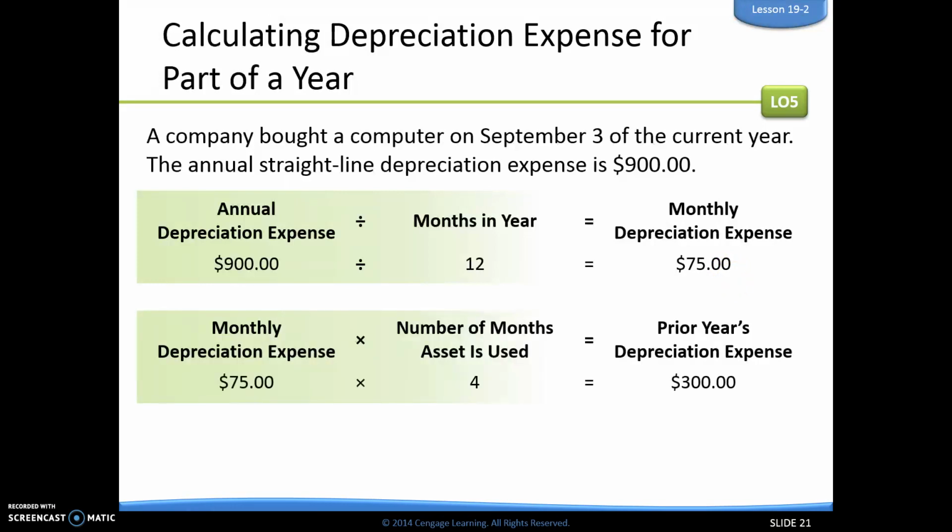So because we have, if you count September, it's September, October, November, December, that's 4 months. We take our monthly depreciation expense and multiply it by 4, and we get a total of $300, which we would expense for that year since we put it into service on September 3rd.